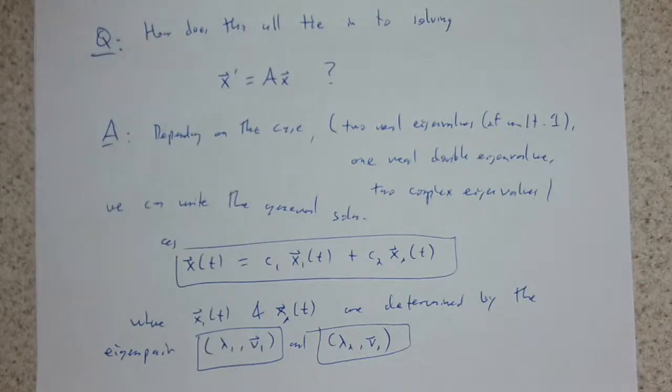Tomorrow's lecture you're going to see all of that, and finally how all this stuff ties in together to give you a way of solving this. And then we're going to compare this with the one single solution that we did previously, which was this 3, 2, 2, 3 matrix. We wrote up the solution and I showed you what the matrix exponential would be, what the fundamental matrix would be, all that stuff.